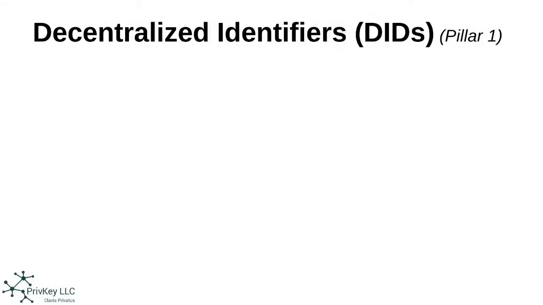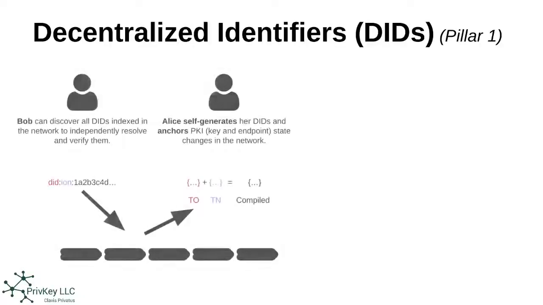So let's look a little bit deeper into what pillar number one is, which is the DIDs, Decentralized Identifiers. What you have here is just an example of Bob. He can basically discover the IDs indexed in the network to independently resolve and verify them. So here's Bob.